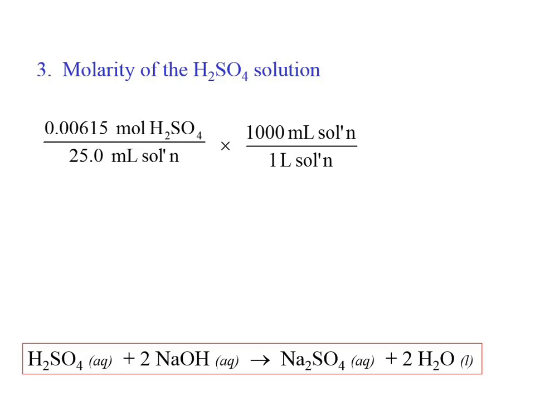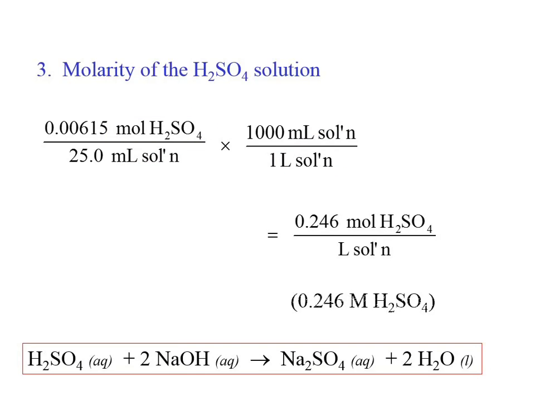So if our target was to get the molarity of H₂SO4, looks like we've got it. Milliliters of solution cancel. We're left with moles of H₂SO4 per liter of solution, and that is molarity. Round to 3 sig figs, 0.246 moles H₂SO4 per liter of solution.